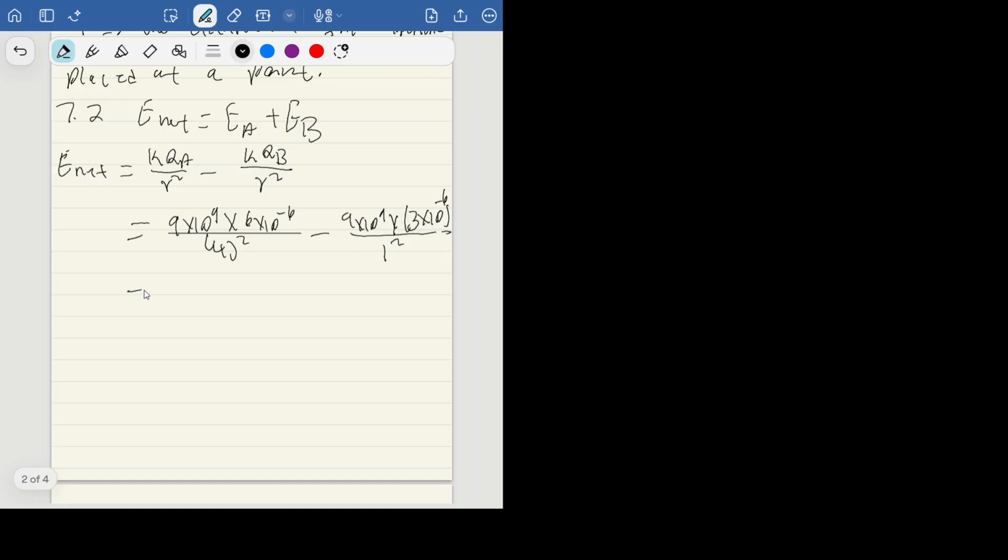So now we need to press this on a calculator. Where's my calculator? Okay.